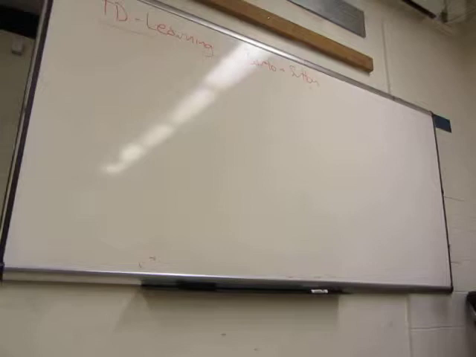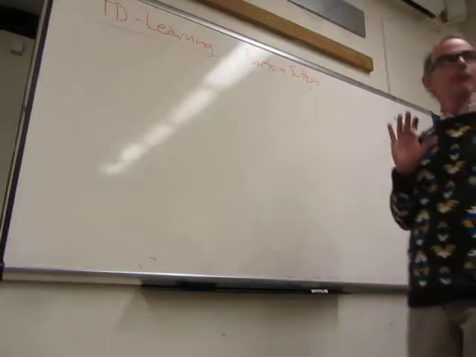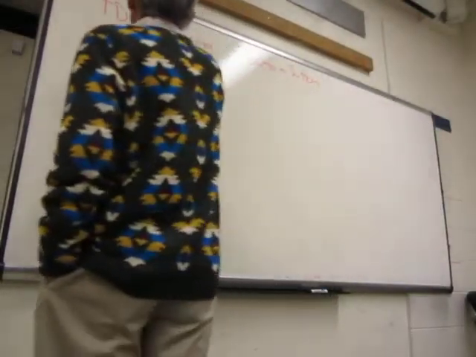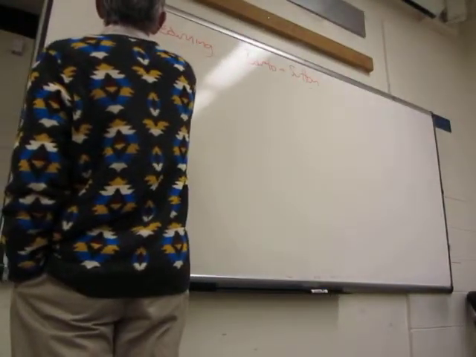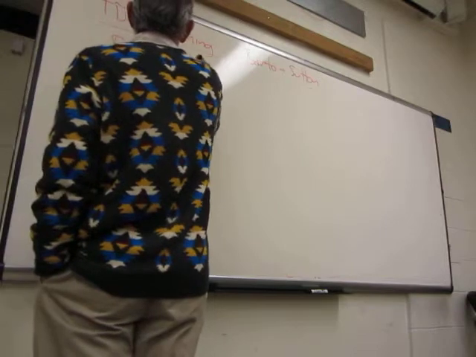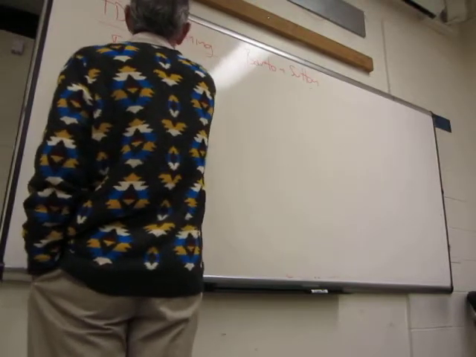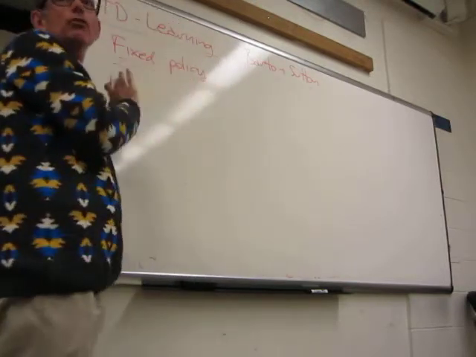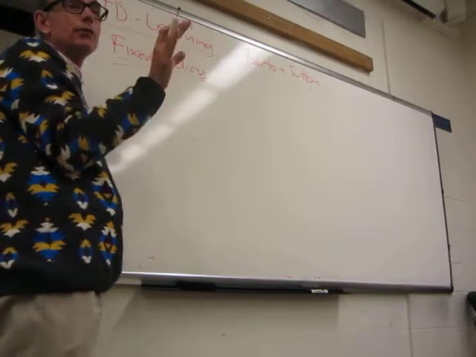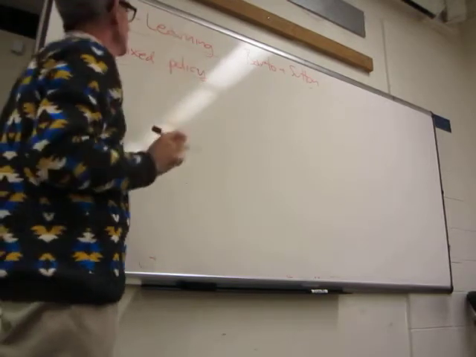I'll get back to you. Basically, they're looking at, again, let's stick to the discounted cost. It makes it easier to explain things. And a fixed policy. So we're not looking at optimization now, we're just trying to find a value function for a fixed policy.